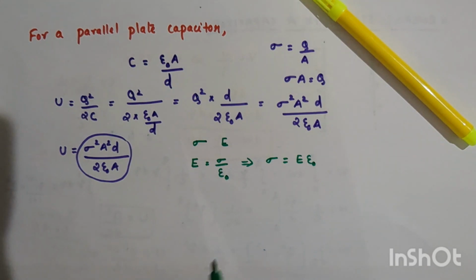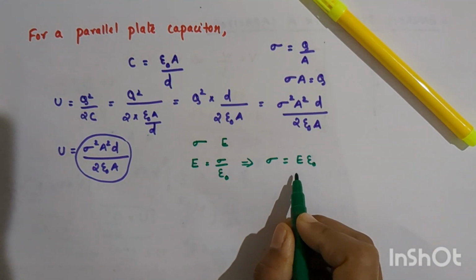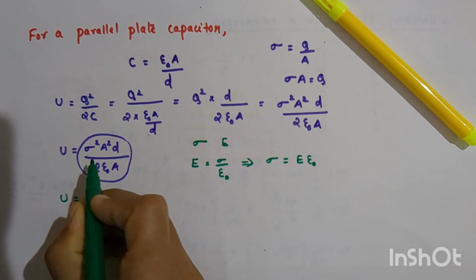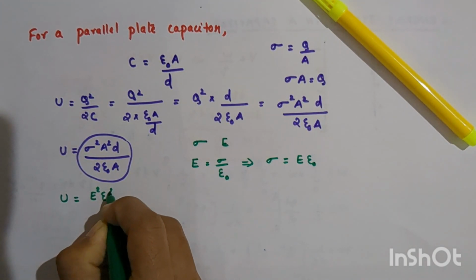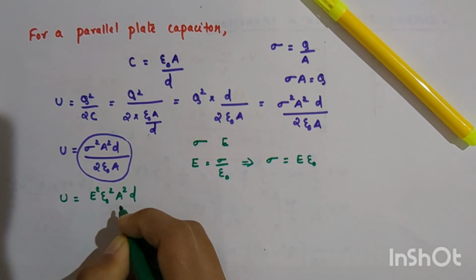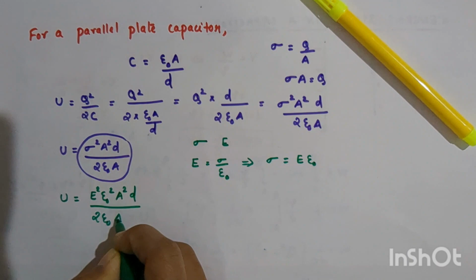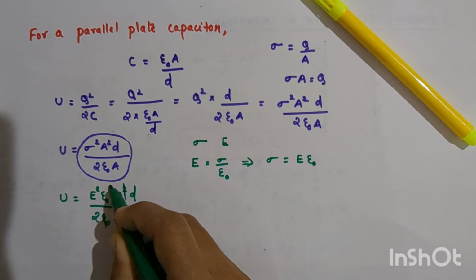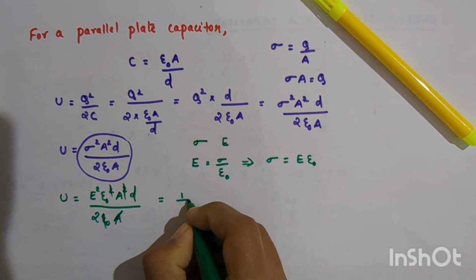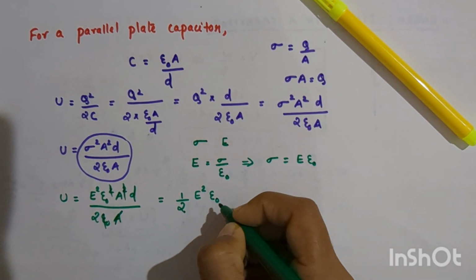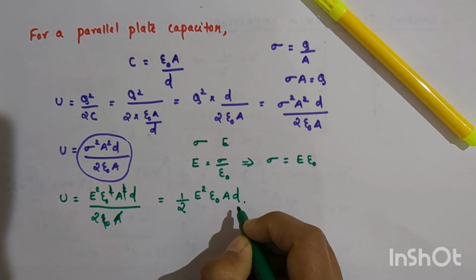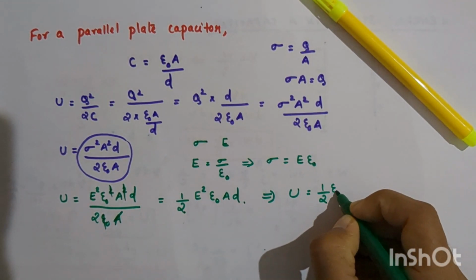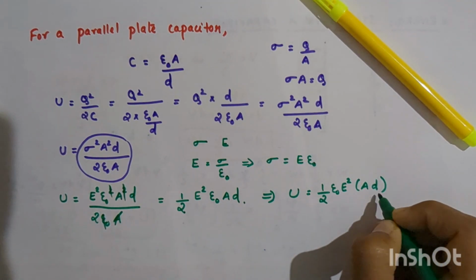So now I am going to substitute sigma as epsilon 0 into E in this equation, so that this equation becomes U is equal to sigma square, that is E square epsilon 0 square, A square D divided by 2 epsilon 0 into A. You see one A cancelled, one epsilon 0 cancelled, so that you will get 1 by 2 E square epsilon 0 then A into D. So this can also be written as U is equal to half epsilon 0 E square into A into D.